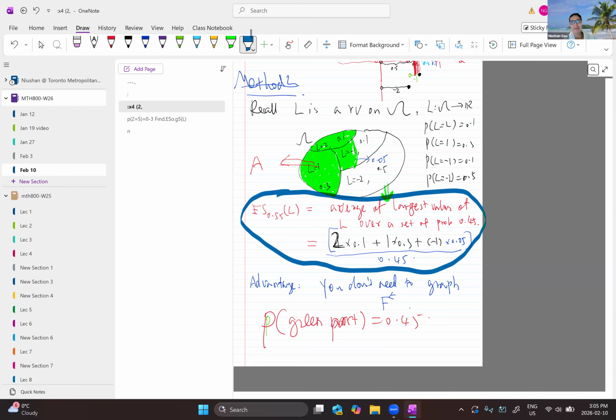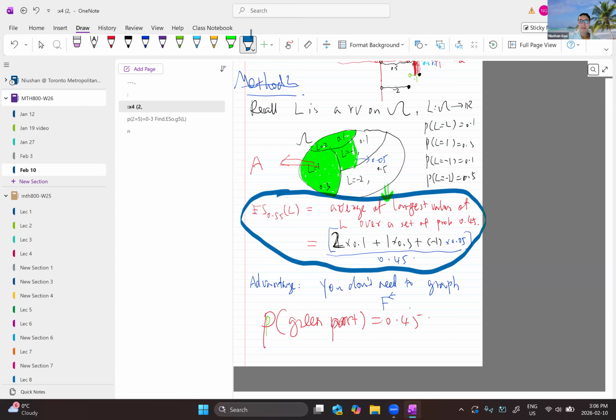Outside A is 0, right? So what is the expectation on the set A? It has how many values? 2 with probability 0.1, 1 with probability 0.3, and then the next value is -1, and the probability you are using is 0.05. The total probability of A is 0.45, right?